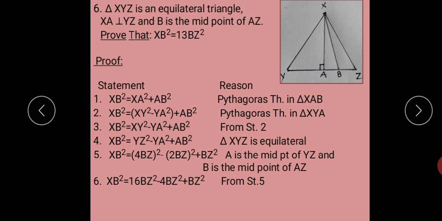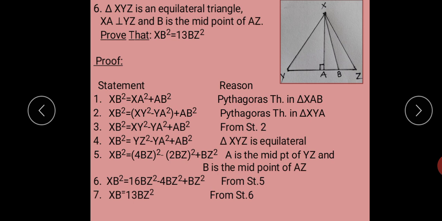So we'll get XB square is equal to 16 BZ square minus 4 BZ square plus BZ square from statement 5. And when you simplify, please do the correction here. It is XB square is equal to 16 minus 4 plus 1, which is 13 BZ square.